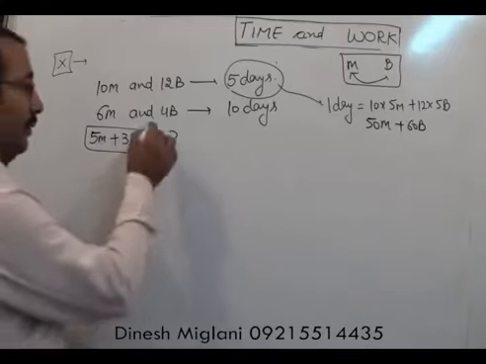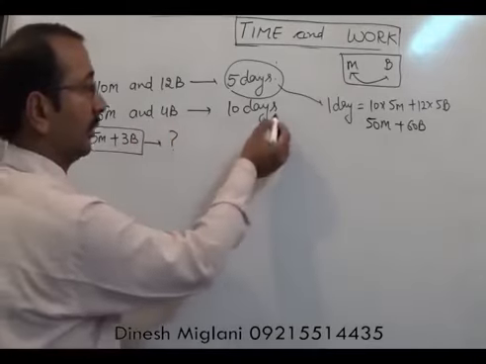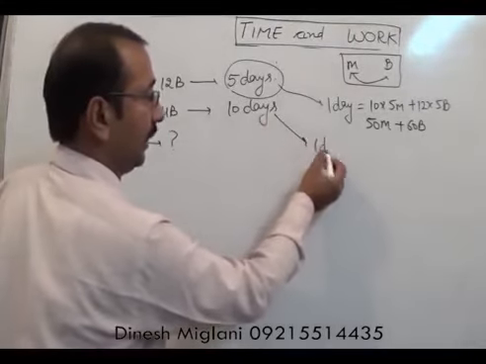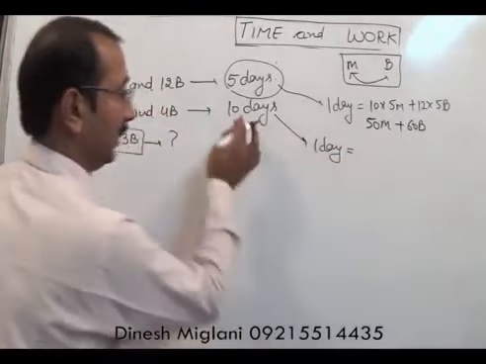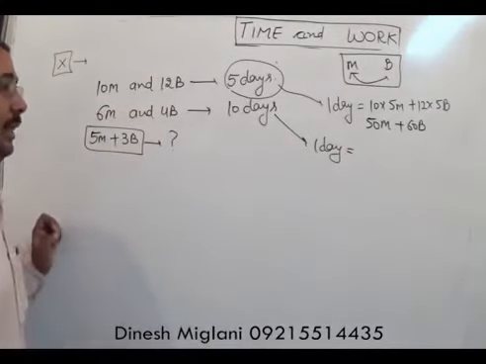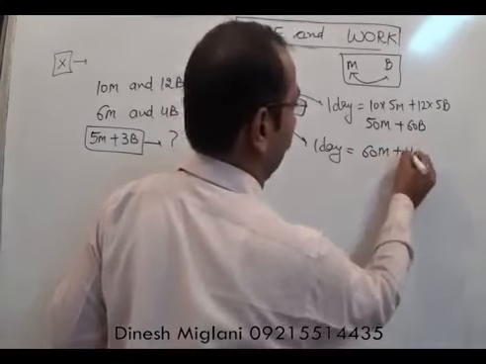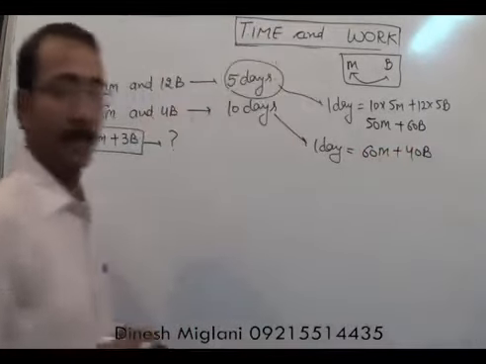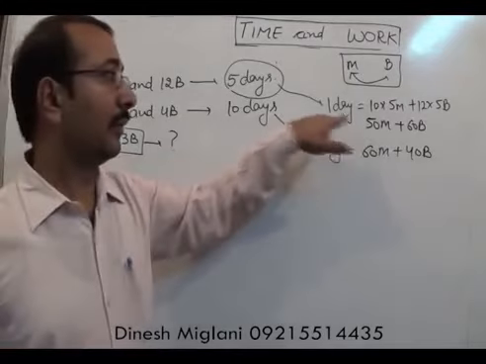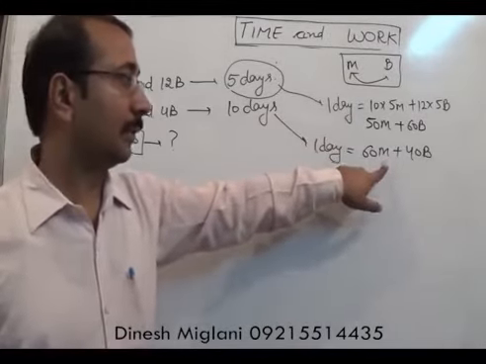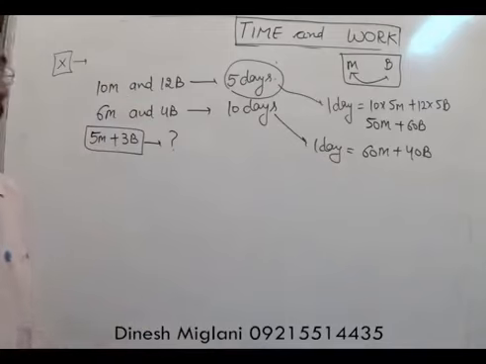Similarly, 6 men and 4 boys can do the work in 10 days. If they have to do the work in 1 day, I have to multiply both values by 10, so this will be 60 men plus 40 boys. These persons will do the work in 1 day, as will those, so their capacity is equal.